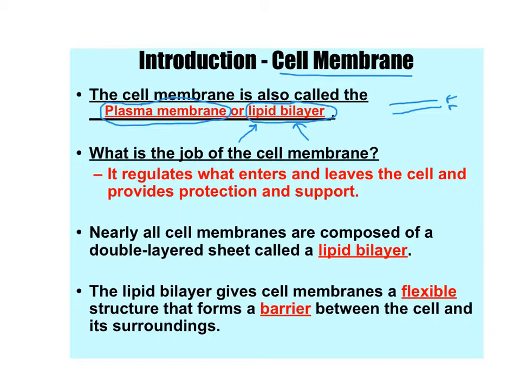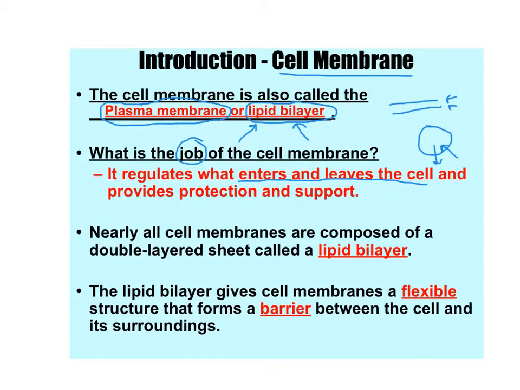Here's the other part. What is the job or function that cell membranes do for cells and for living things? And here's what it does. It regulates what enters and leaves the cell. So if this is the cell membrane, it allows certain things to move in and out, but it blocks others.